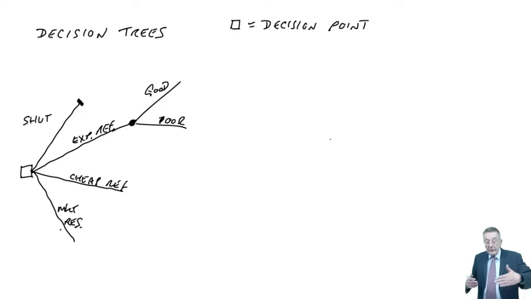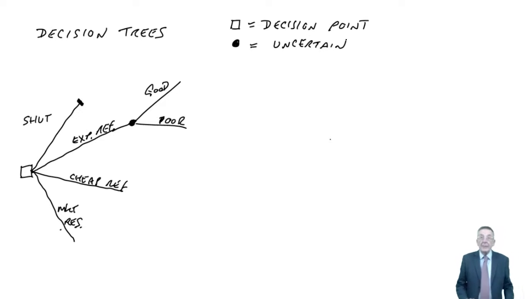Now there, you see, if you do expensive, either it ends up being good or it ends up being poor, but that isn't our decision, that's uncertainty. So I'm using that blob to show where it's uncertain.